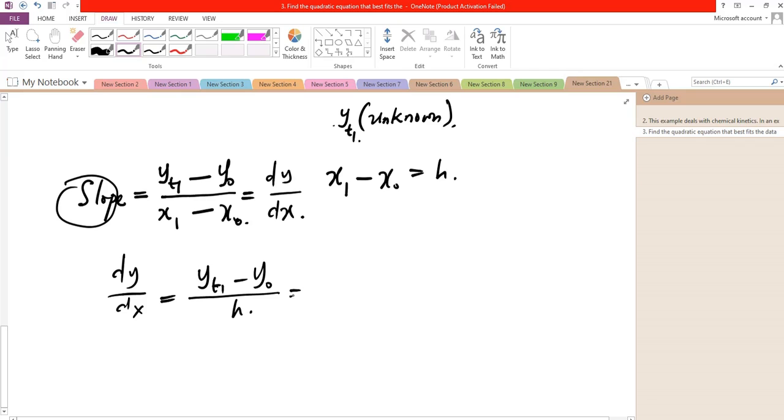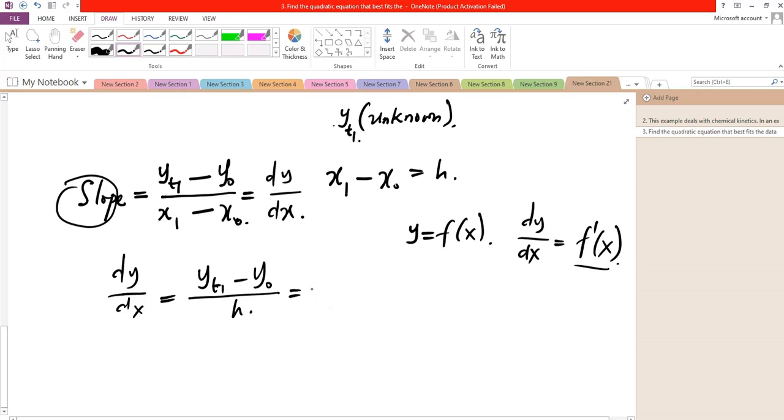Now let's say y is a function of x, so the dy over dx will be a function, f prime of x, and will be expressed in this form.